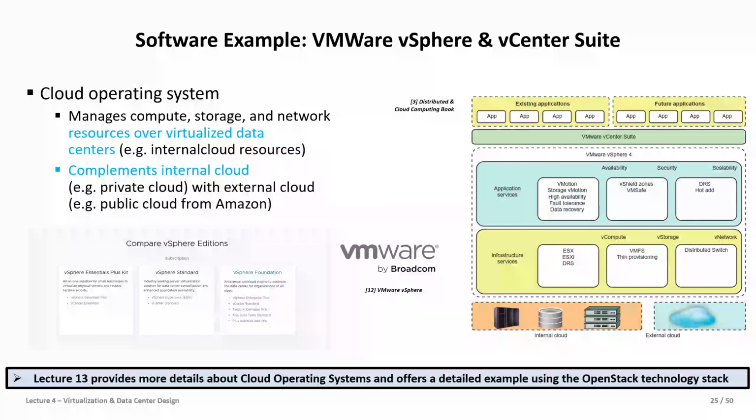And the interesting thing is that many of these elements are based on what we will learn later with the cloud operating system and OpenStack, right? So this is technology that gives you quite some flexibility in what you want to provide in the overall cloud. And you see vSphere is a little bit bigger than just the infrastructure services we learned before from virtualization.